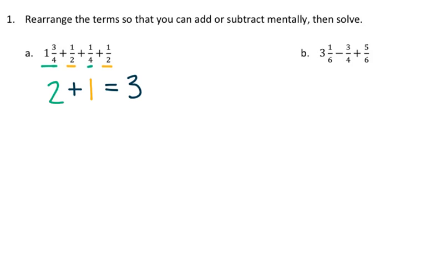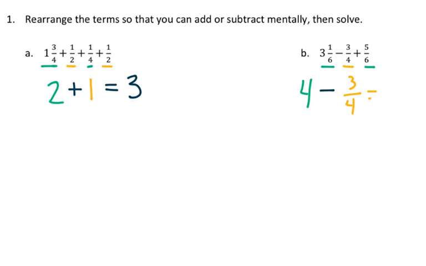So I'm going to be looking at B now, and B has a 3 1/6 and a common denominator over here of 5/6. If I have 3 1/6 and I'm adding 5/6, that gives me the whole number of 4. And I'm going to be subtracting this term that's left, so I'm subtracting 3/4.